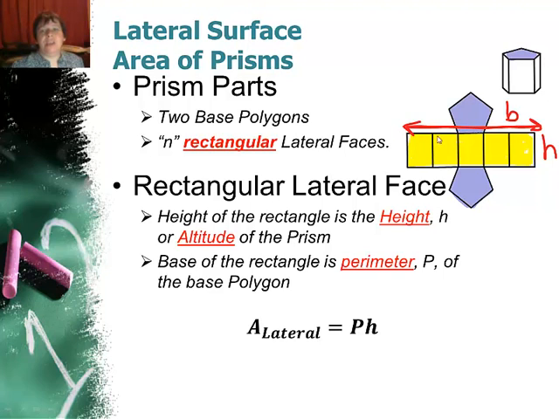Here I'm trying not to confuse big B, which is the base, with little b, which is the base of, say, a rectangle or parallelogram. So this distance is the perimeter around that polygon. And since we know this is a rectangle, the area is base times height, and the base we said is the perimeter. That's where this formula comes from.